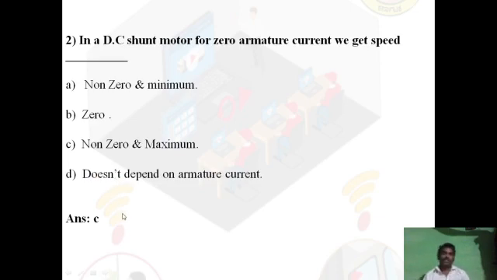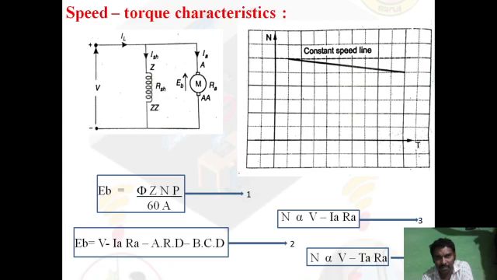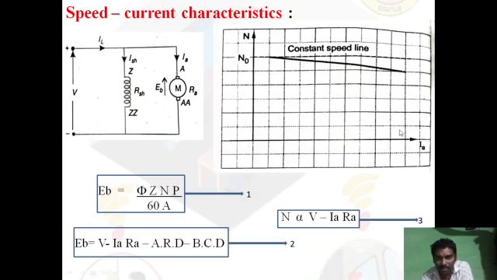The second question: in a DC shunt motor, for zero armature current, what is the speed? When the current is zero, again we have to go for the graph.